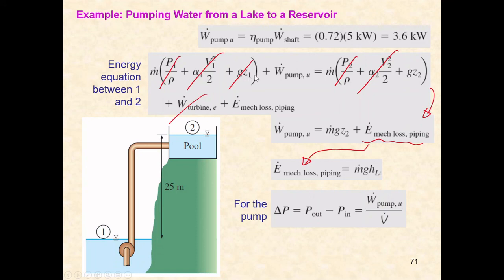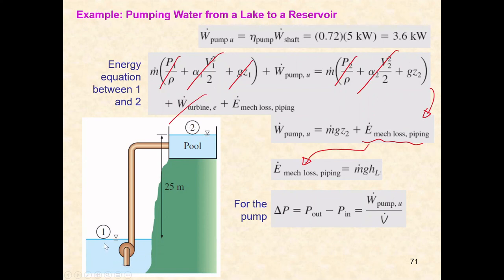So you have pressure, velocity, and elevation, and then you have a pump, a turbine, and head loss. In this case there's no turbine, so the turbine can be cancelled out, and pressure is at atmospheric pressure, so equal pressure cancels out as well. Velocity: this is a reservoir, and here also a reservoir, so the velocity is near 0 and can be cancelled out as well.